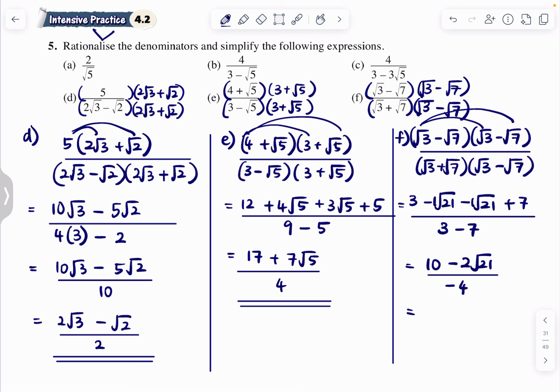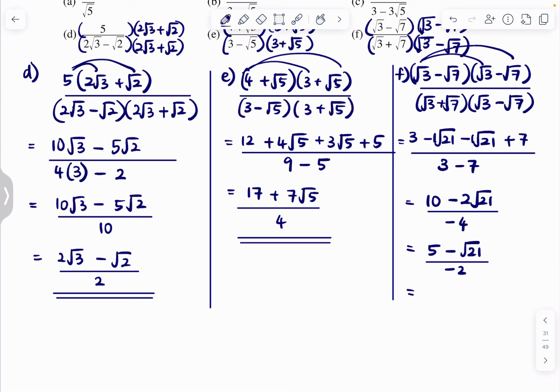So 10 divided by 2 is 5. 2 divided by 2 is just 1. So it goes missing. Negative 2. If you want to go and divide by negative also can. So if we divide by negative, we will get negative 5 plus √21 over 2.